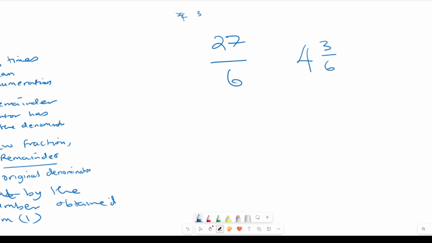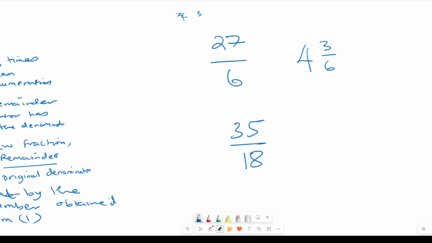In fact, let me give you one to try. So we have 35 over 18. Try this one. And then whatever you get, you can put your answer in the comment.